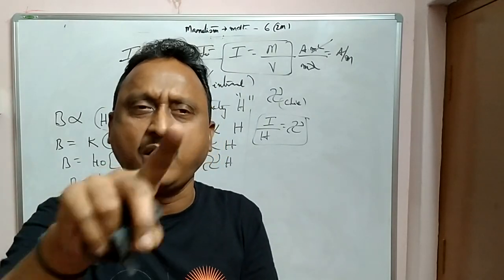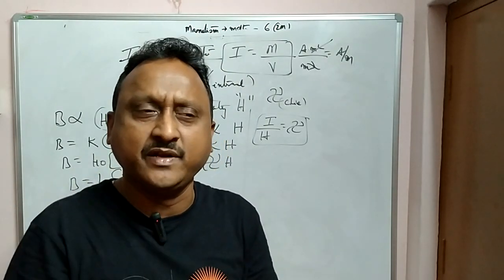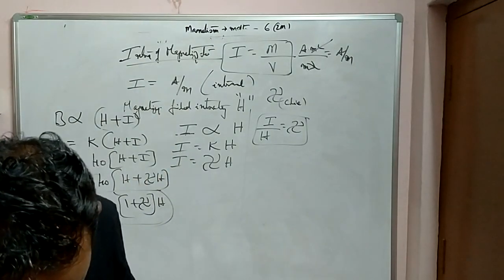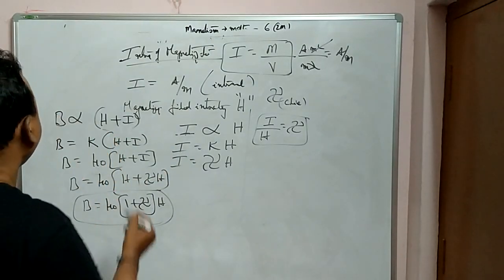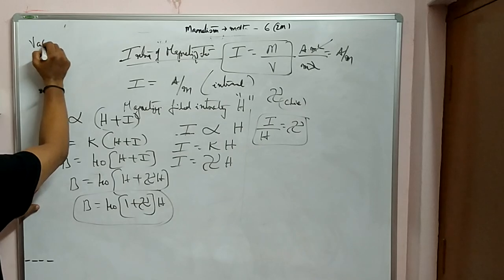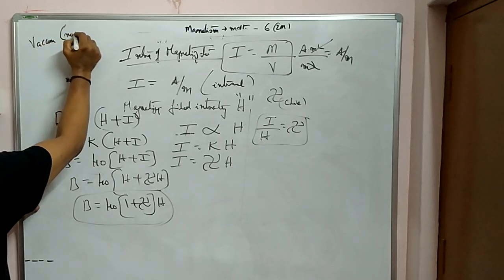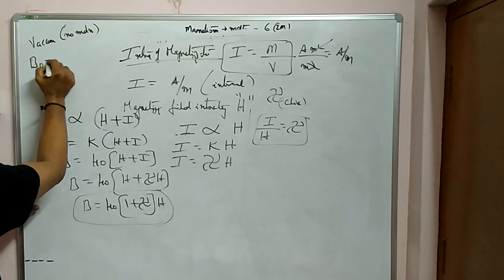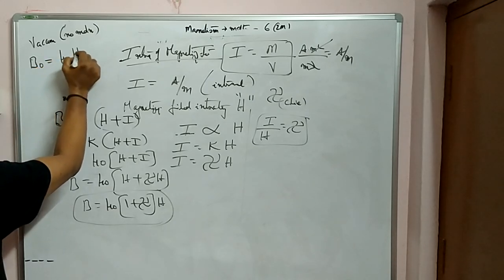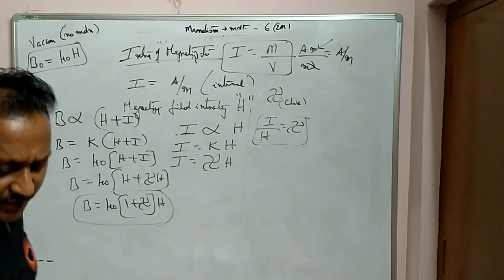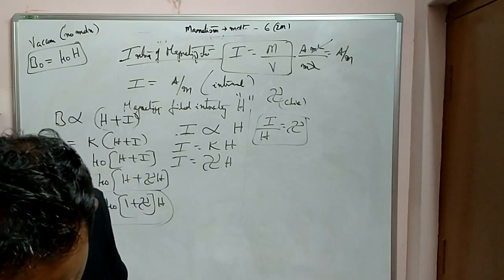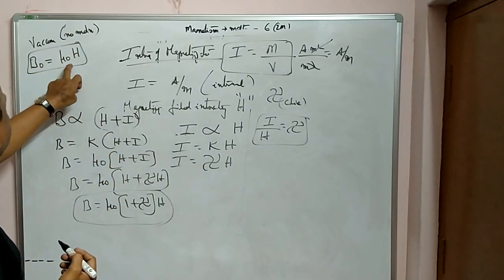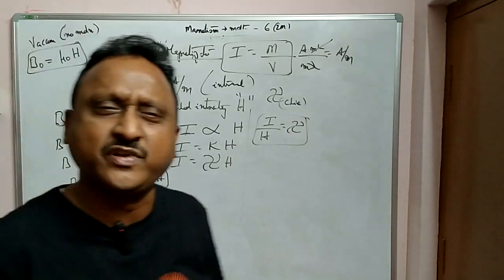If vacuum, the formula will be one thing; if any medium is there, the formula will change. For example, if no medium, vacuum, then you can write B naught is equal to mu naught into H.